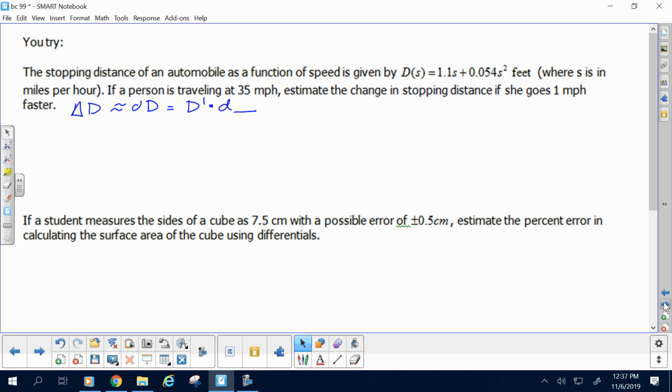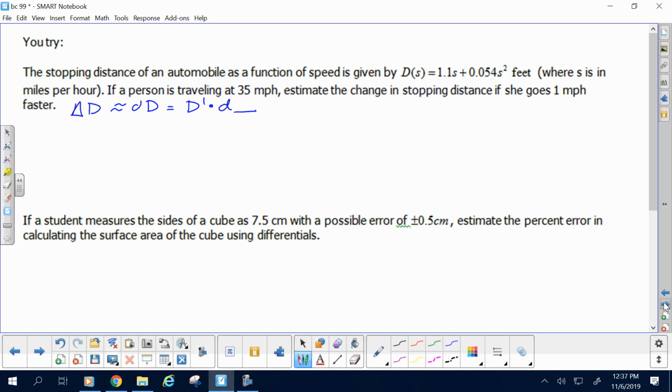Say again? Does it matter? Yeah, just a little. Just the d is in feet and the s is in miles per hour, because we'd have to change them.